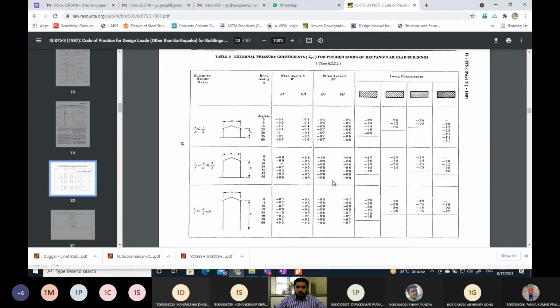By interpolating this value, you will get minus 0.8 for the leeward side, and for the windward side you have to interpolate the value between this as well as this, and whichever is the severe, you have to take that.